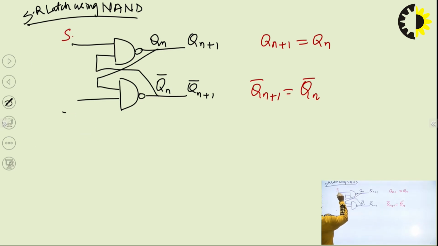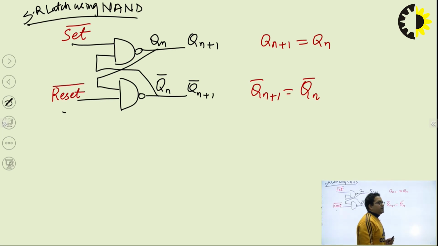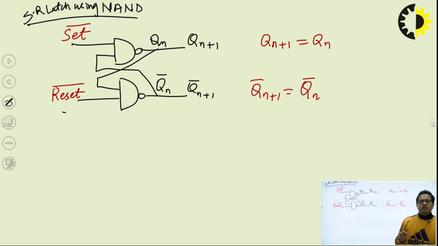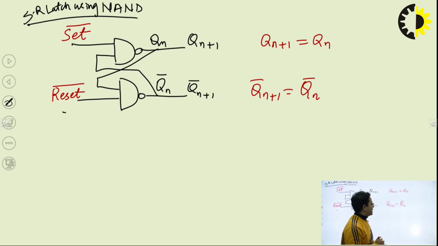This is my set complement and this is my reset complement. So this is my complete description of a SR latch using NAND as well as a SR latch using NOR gate.